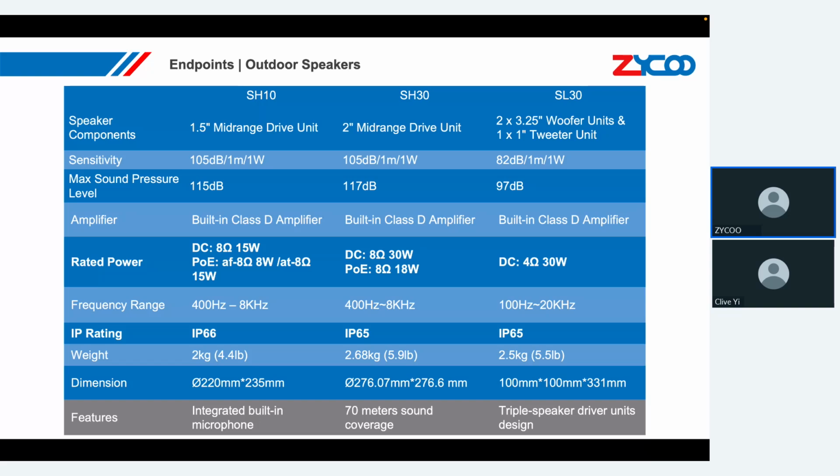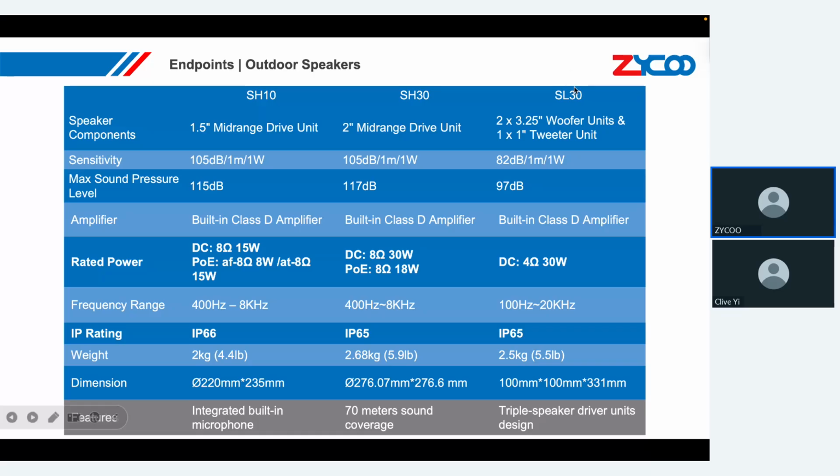And you can see from here the frequency range. You can see that the SL30 actually has a wider frequency range than the SH30. So that's why we recommend the SH30 horn speaker for noisy environments, because basically it can be louder, and it has a mid-range drive unit.